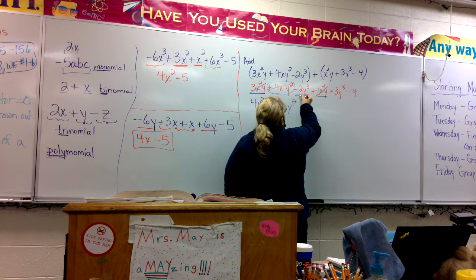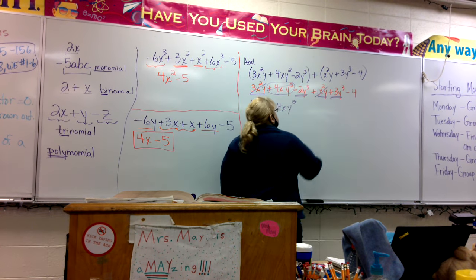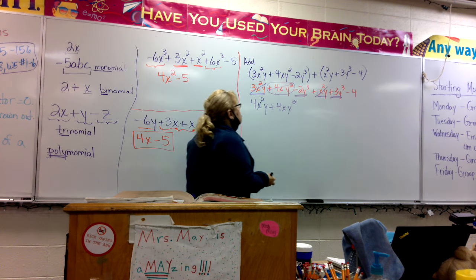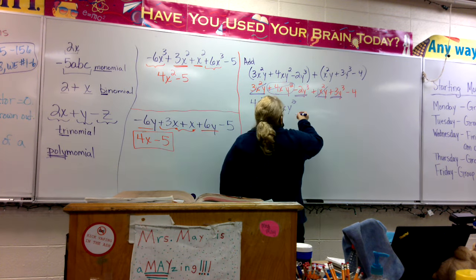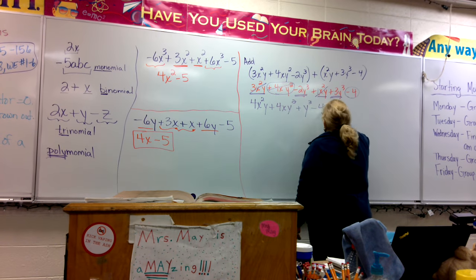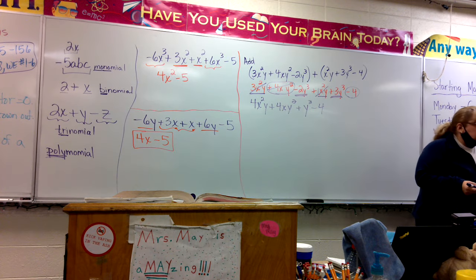Do I have any other y to the thirds? 3 of those. Take away 2 of those. Uno? So you can either put a 1 y to the third or just y to the third if you want to put a 1. I don't really care. And then all the way down this thing, there's nothing else to put with it. Does that make sense?